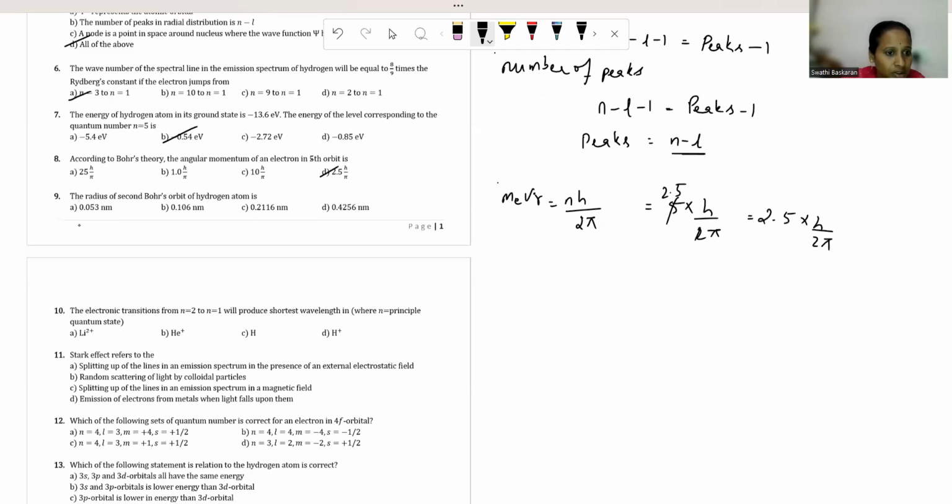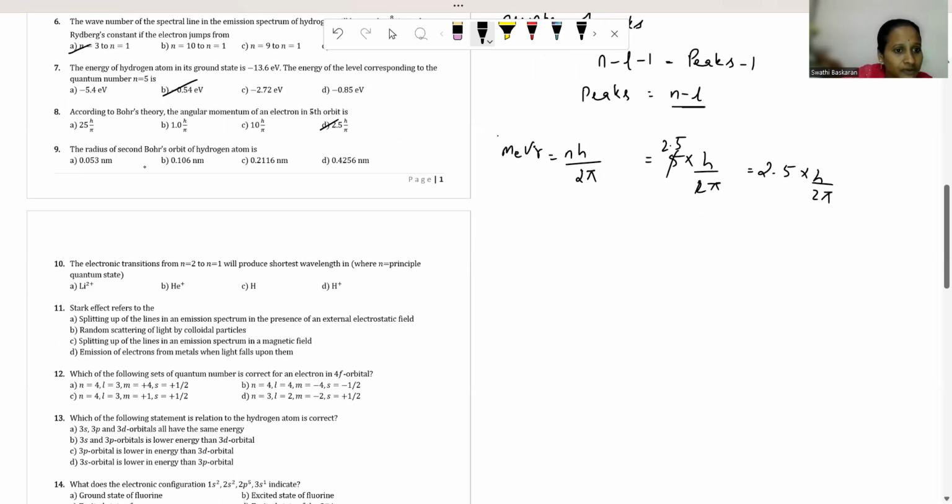Now coming to the ninth question. The radius of second Bohr's orbit of hydrogen atom is, okay. So once again, we know the radius formula according to Bohr's concept. So we know that r_n is equal to 0.529 into, what is the formula? Second orbital. So basically it is n square by Z. So this is the formula.